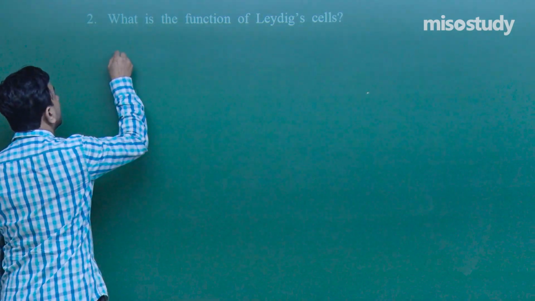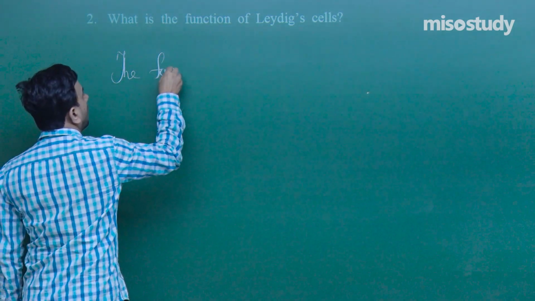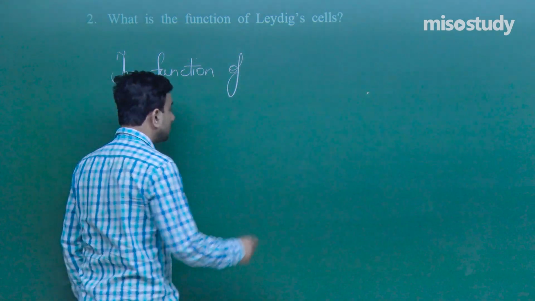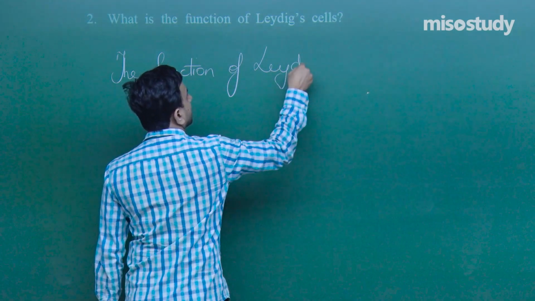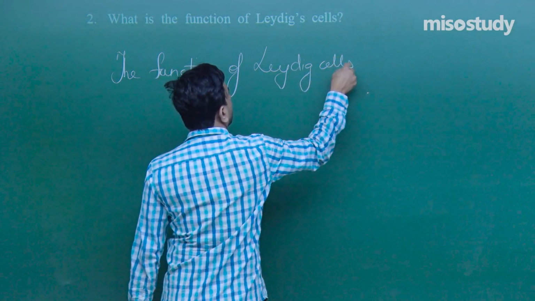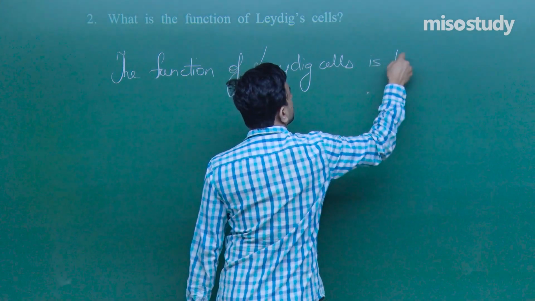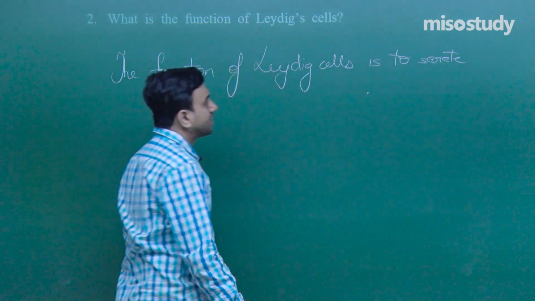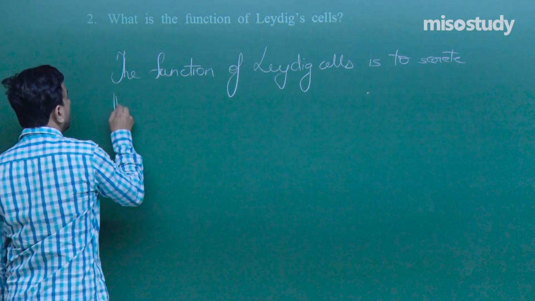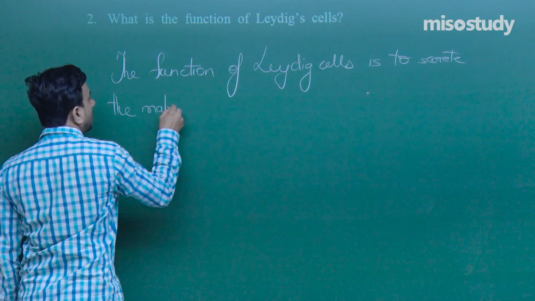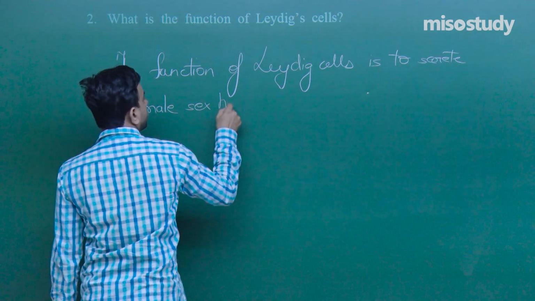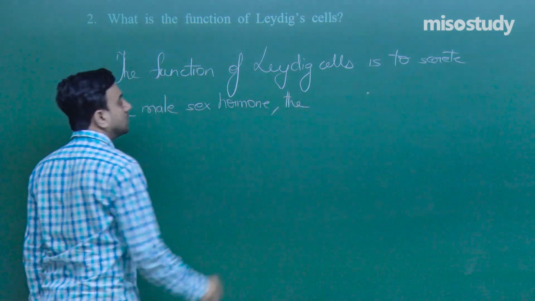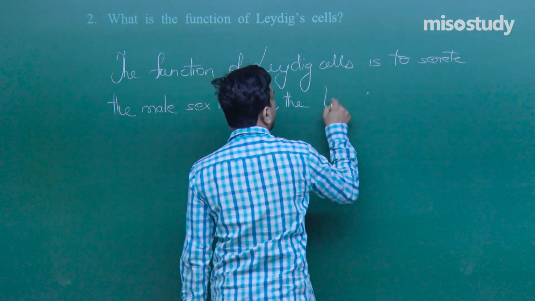We will see that the function of Leydig cells is to secrete the male sex hormone, the testosterone.